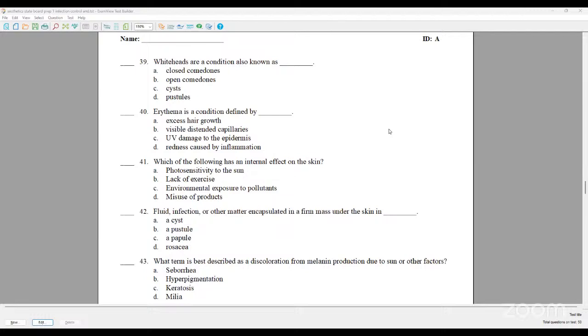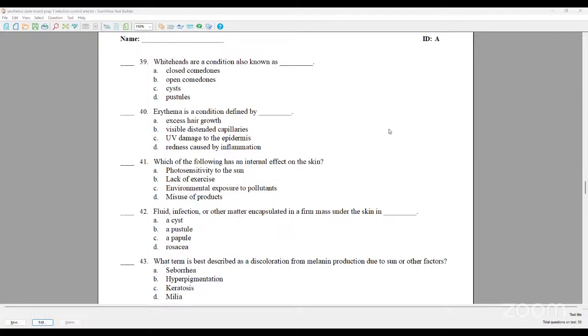All right, we're back. 39. It says whiteheads are a condition also known as... Close. Comedones. So it's A. All right.